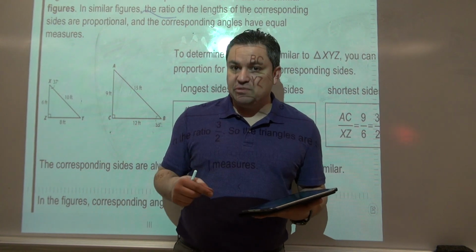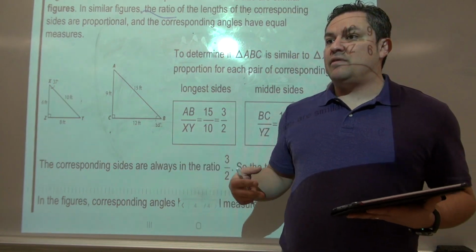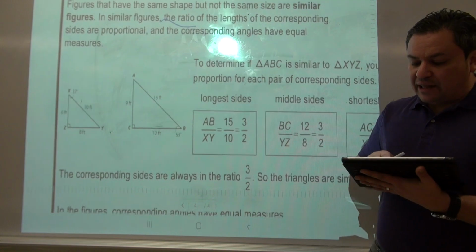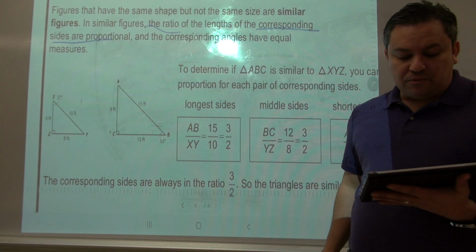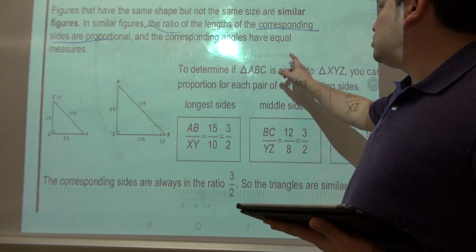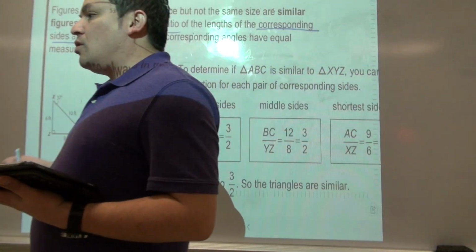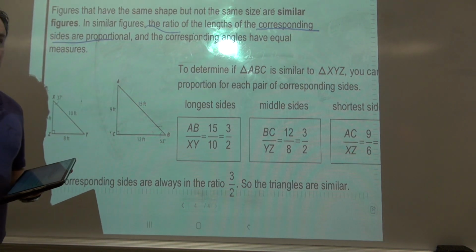When I showed you the piece of paper a minute ago, that's the ratio. We multiply by 2 or divide by 2, that is going to be the ratio. The ratio of the lengths of the corresponding sides are proportional, and the corresponding angles have equal measures, okay? The corresponding sides have to be proportional, and the angles have to be the same.